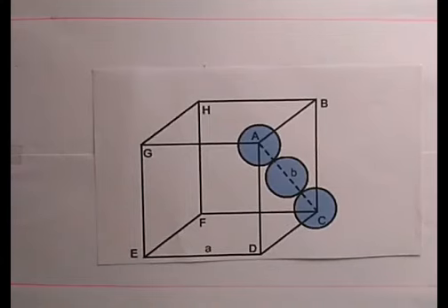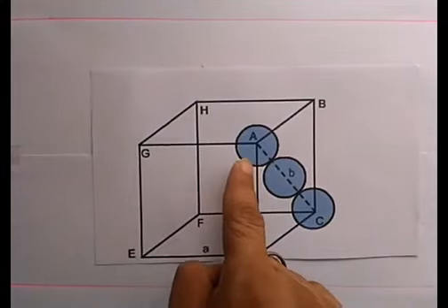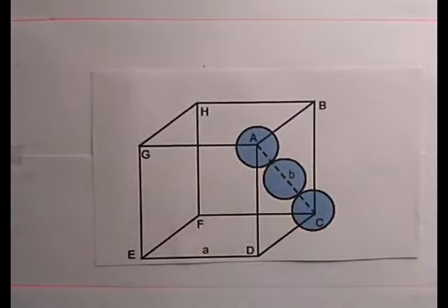Let's calculate the packing efficiency in different types of structures. Now we have the drawing showing the cubic close packing structure, CCP. Let's see what the efficiency of this structure is. We have this cubic structure and a few atoms shown separately.